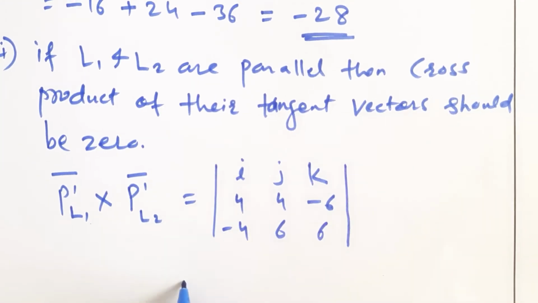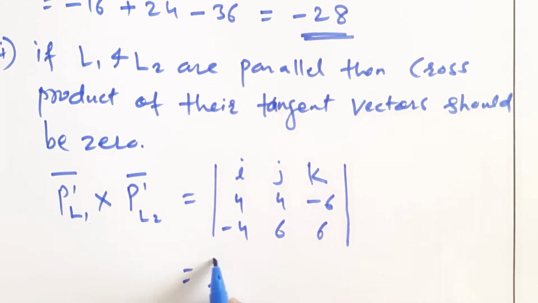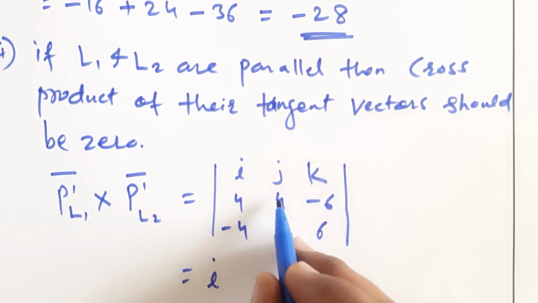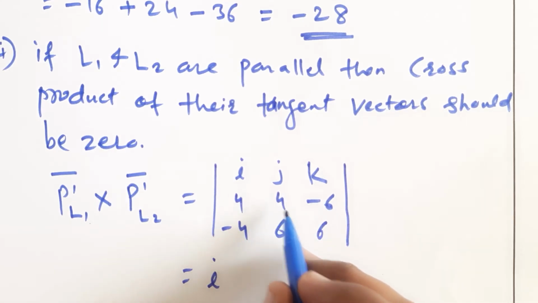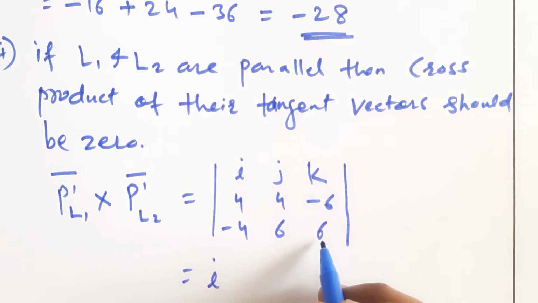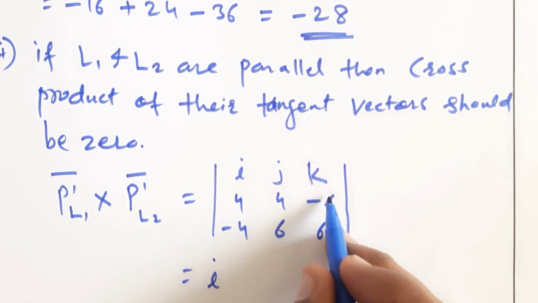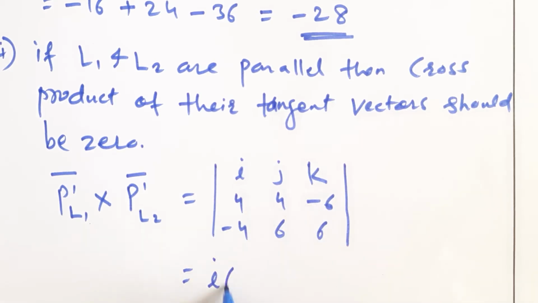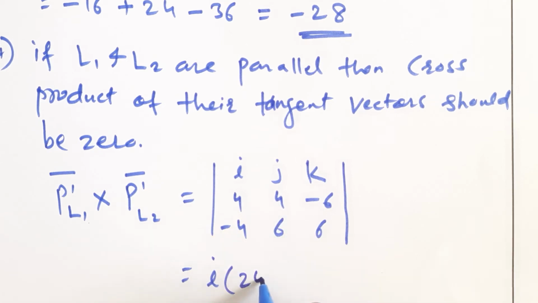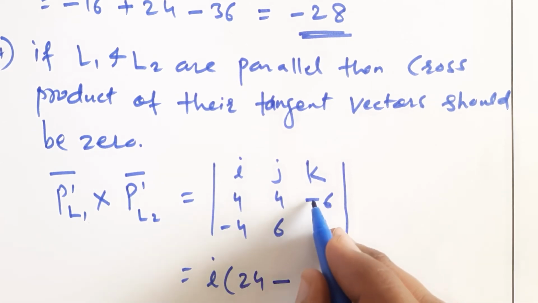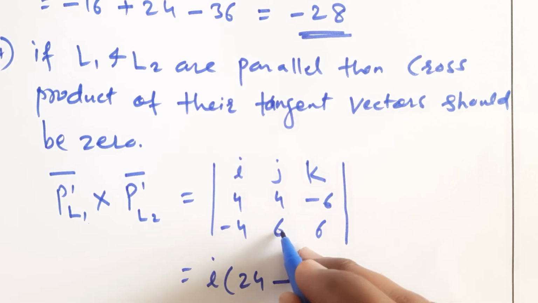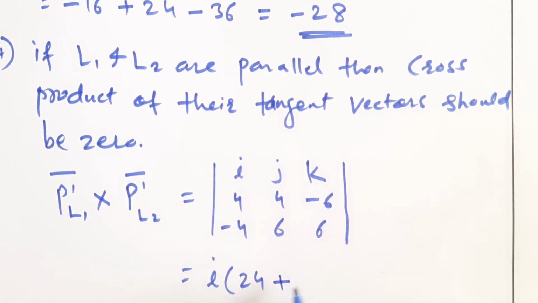Now let us find this. For i, we take this minus this: 4 into 6 is 24, and minus 6 into 6 is minus 36, so minus becomes plus, plus 36.